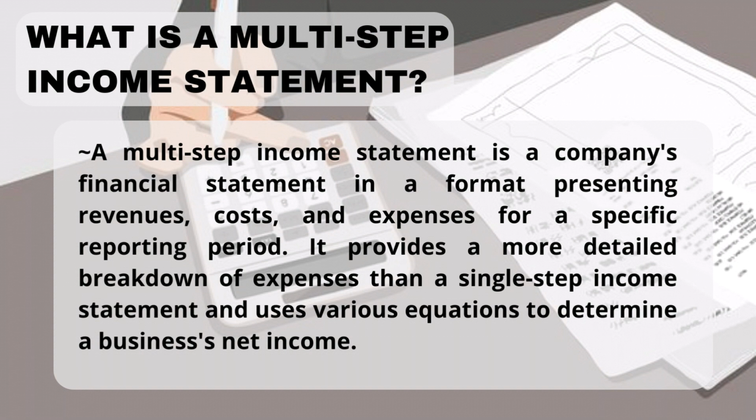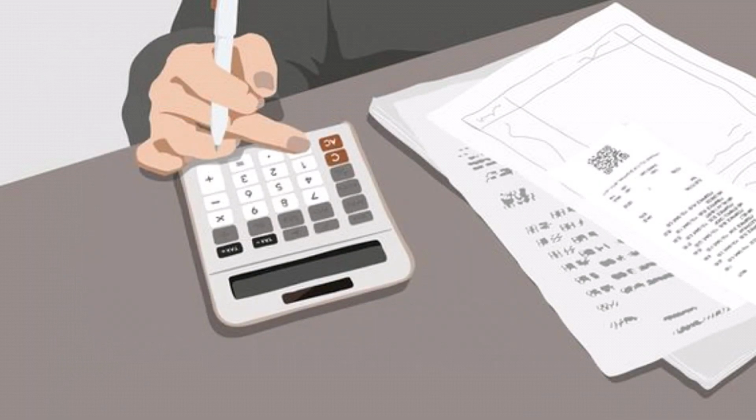Unlike the simple one, which is the single-step income statement, the multi-step income statement differentiates between operating and non-operating revenues and expenses, giving both business owners and investors a better look at company operations and profitability levels.